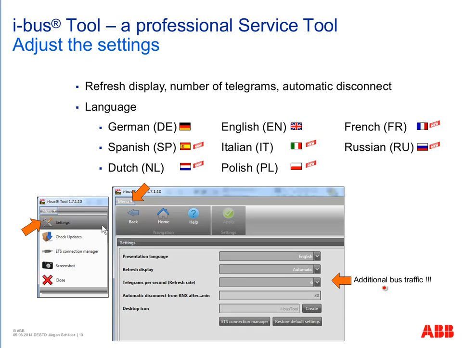The iBUSTool is only for testing during commissioning, and after you have tested everything, disconnect or stop the iBUSTool. When you choose maybe 20 telegrams, then we have a high bus traffic. So be careful, use the standard value 6. Additionally, you can set how many minutes of inactivity lead to an automatic disconnect from our KNX installation.